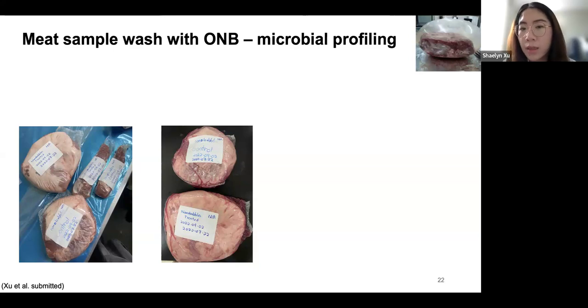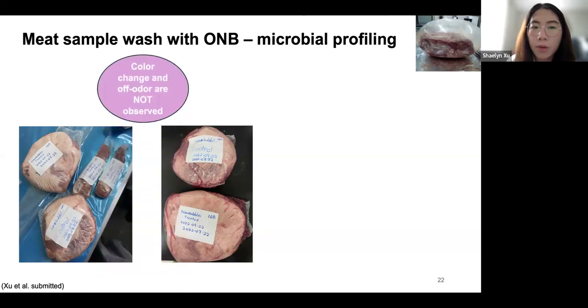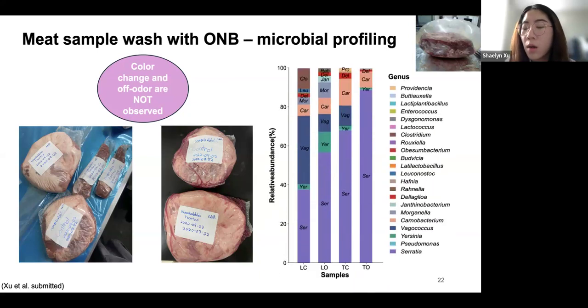After that, I collected the samples and profiled the microbial communities and diversities in the stored meat samples. Overall, there was no color change or off odor generated after the ozone nanobubble wash. And more importantly, we found the microbial diversities did vary before and after the ozone nanobubble treatment.